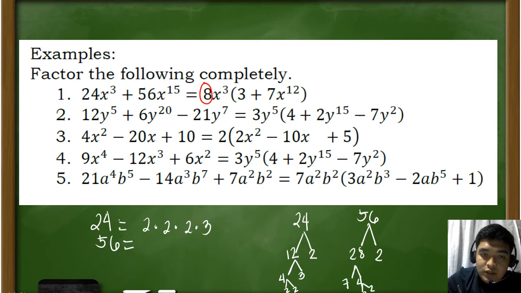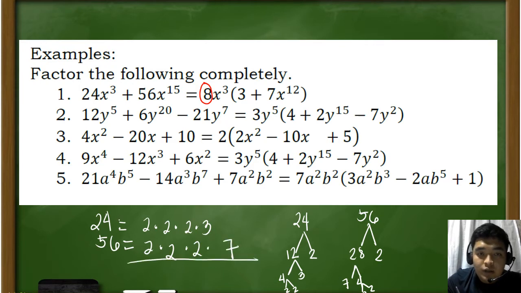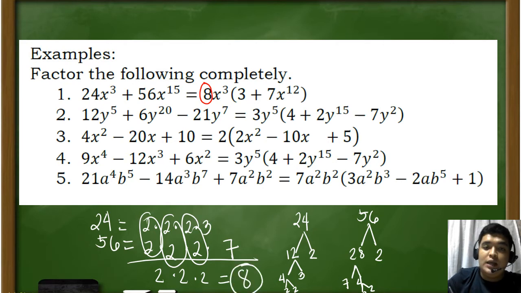So the factors are 2 times 2 times 2, three 2s, then times 7. So the common factors of the two are 2 times 2 times 2. Our GCF is 2 times 2, 4, times 2 is 8. So that is our GCF. That's why our GCF is 8.